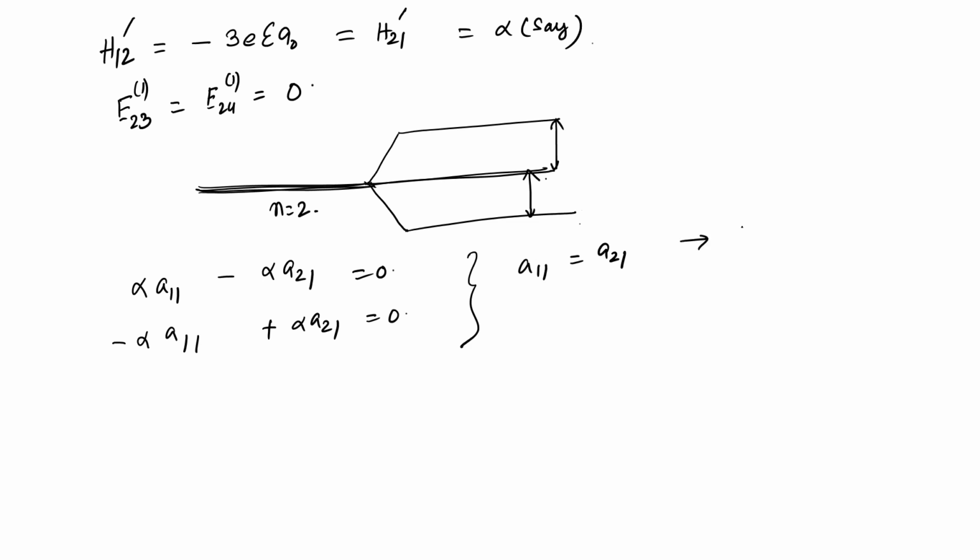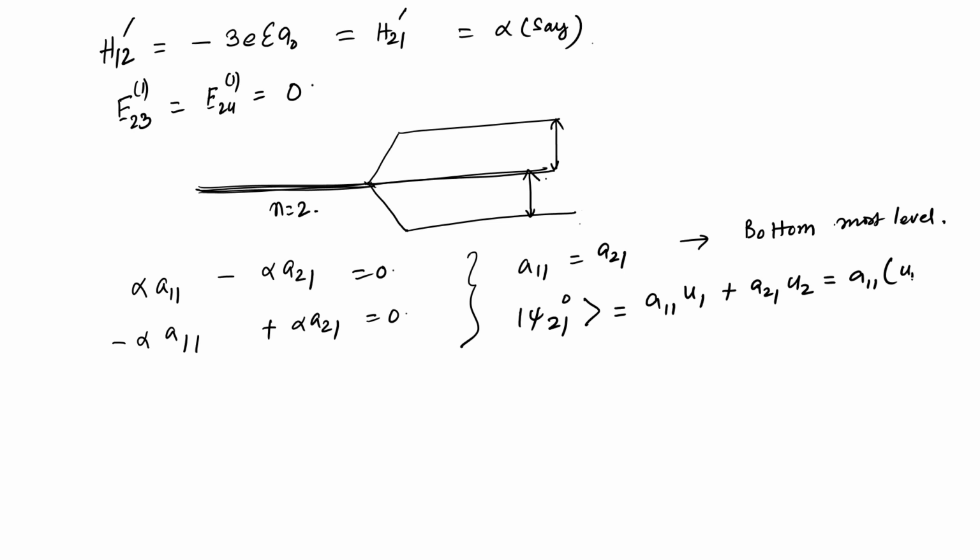So, the bottommost level you see here corresponds to psi 210. This is equal to A11 U1 plus A21 U2, which is equal to A11 times U1 plus U2. That is the bottommost level.